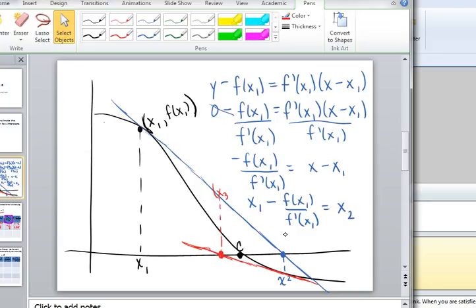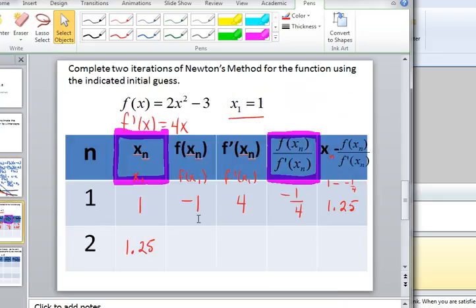The x value that you get for x sub 2 is found by doing x sub 1 minus the function value divided by the derivative. Notice that's what the last part is. So x sub 2 is found by taking that x sub 1 minus the function value divided by the derivative. So hopefully this chart makes more sense because of the explanation I gave you through that picture.